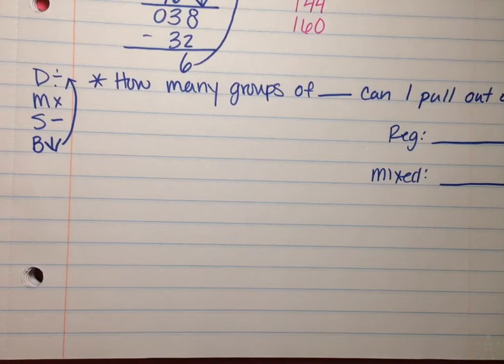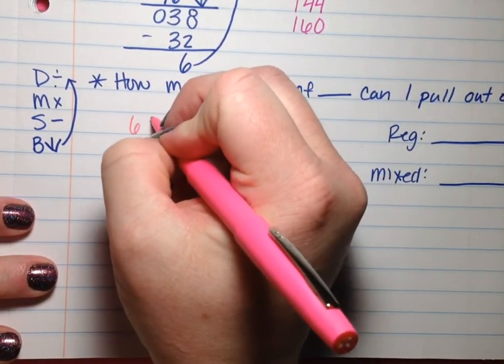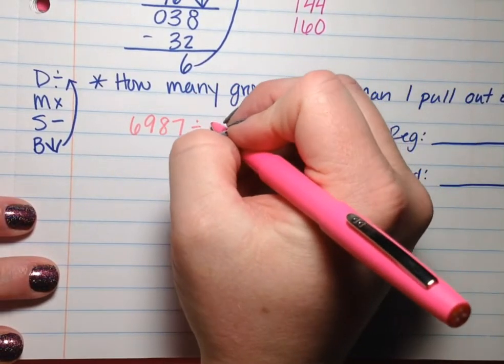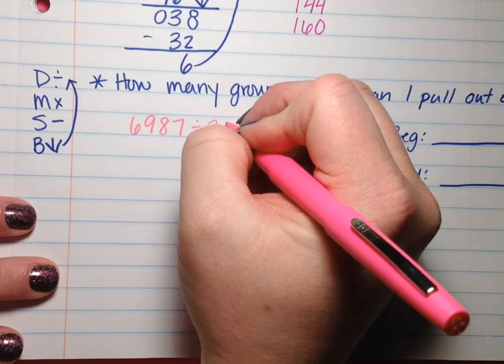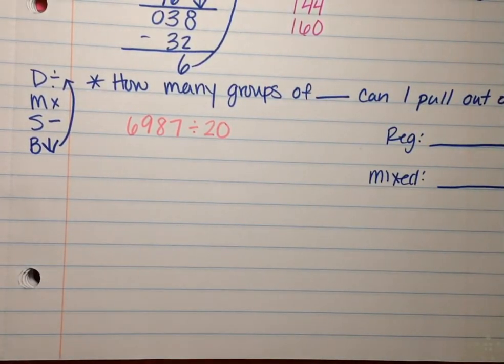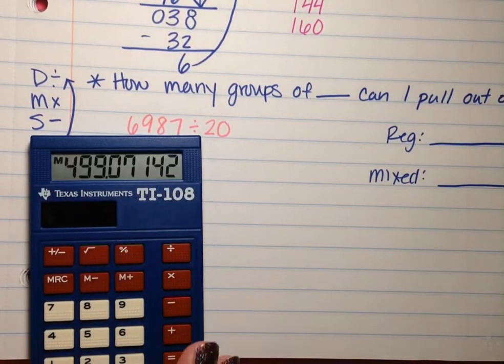Okay, so here is our division problem. 6,987 divided by 20. We're going to do 20. Calculator for our multiples.